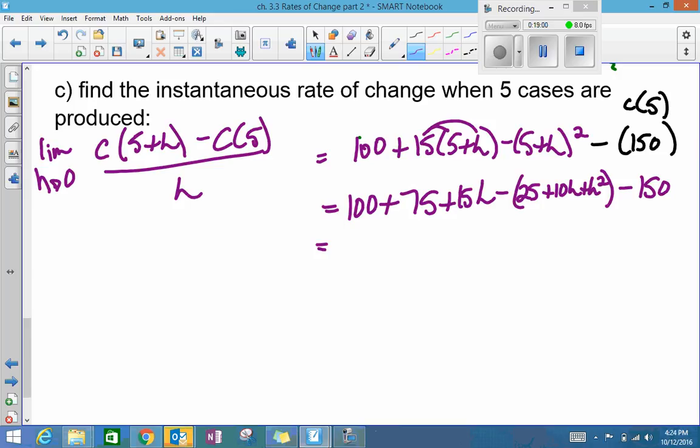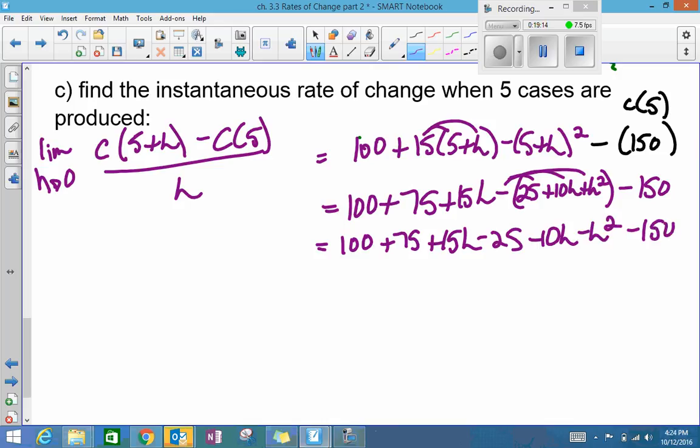So now we simplify further. 100 plus 75 plus 15h, distributing that negative, negative 25 minus 10h minus h squared, and bringing down our negative 150. So now hopefully our constants cancel out. So 100 plus 75 is 175, minus 25 is 150, minus 150. So yay, that all cancels.